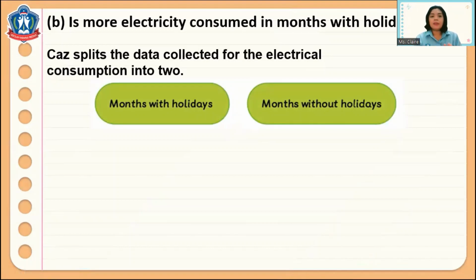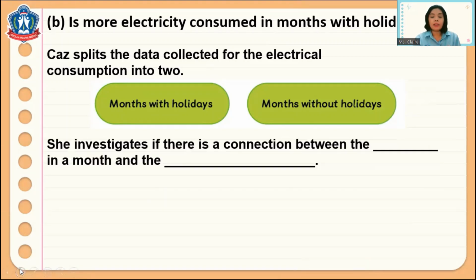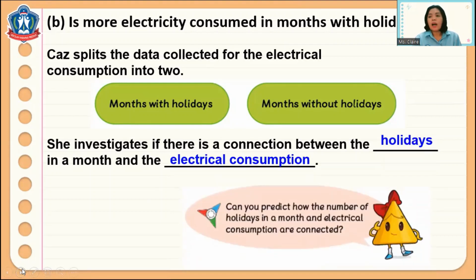So, Kaz splits the data collected for the electrical consumption into two: months with holidays and months without holidays. She investigates if there is a connection between the holidays in a month and the electrical consumption. So, how about you?